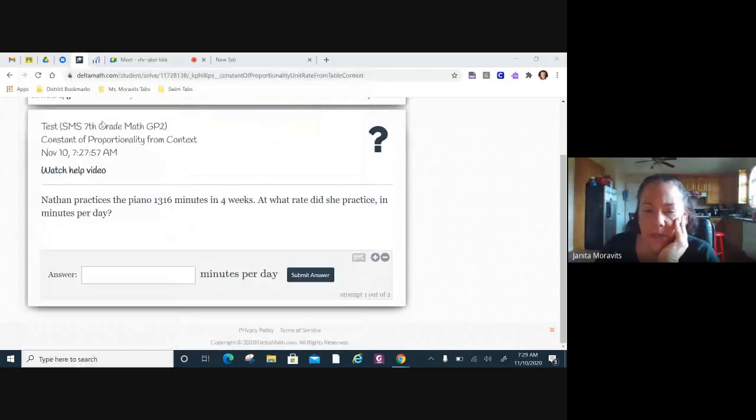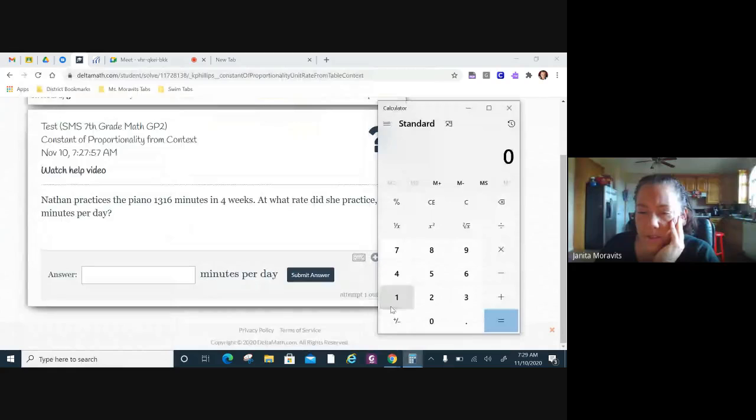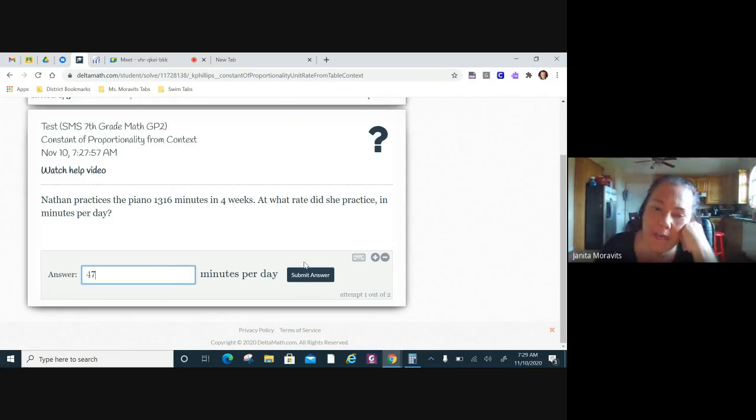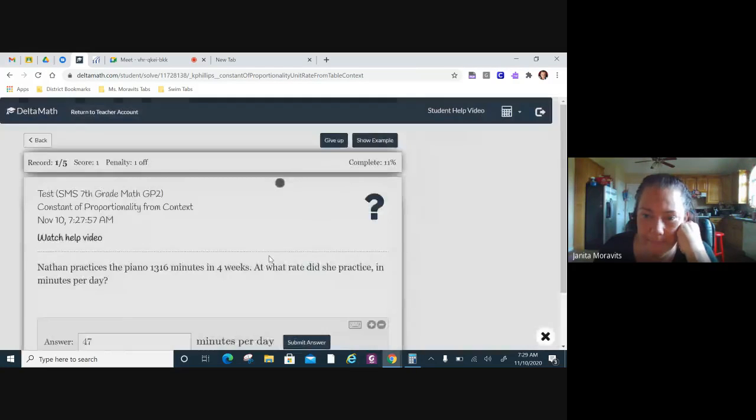All right, so we have 1,316 minutes, and we want to divide that by, they want to know per day, so 4 weeks at 7 days a week, that's 28 days, divided by 28. So it looks to me like it is 47 minutes per day. Let's check and see, and let's hope that it submits this time. There we go.